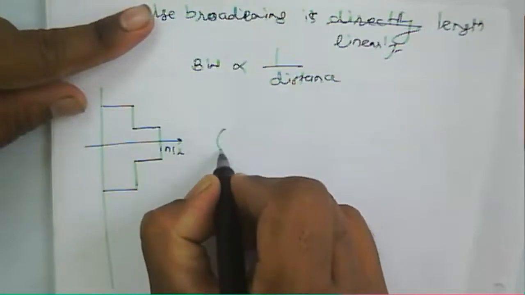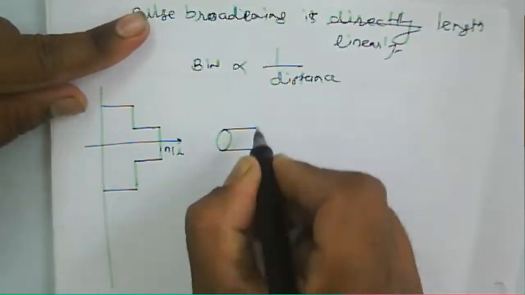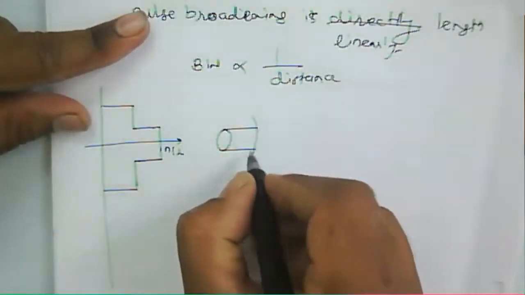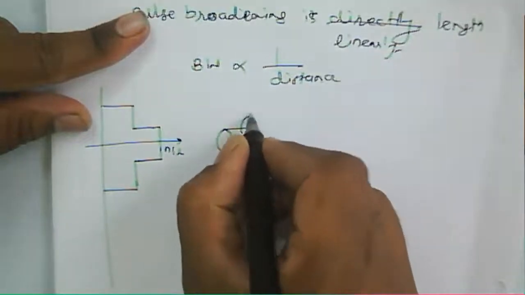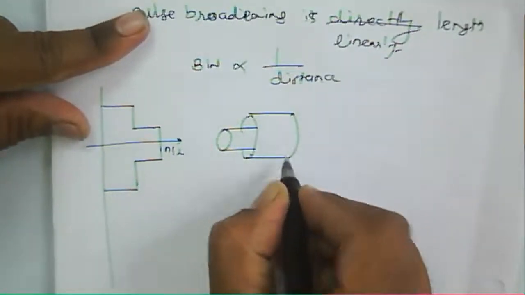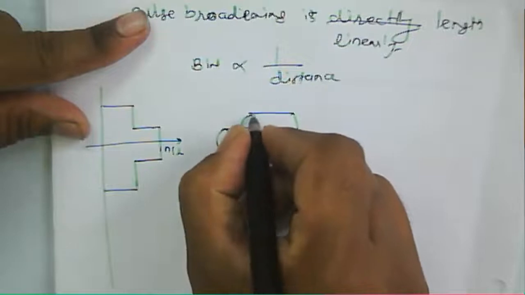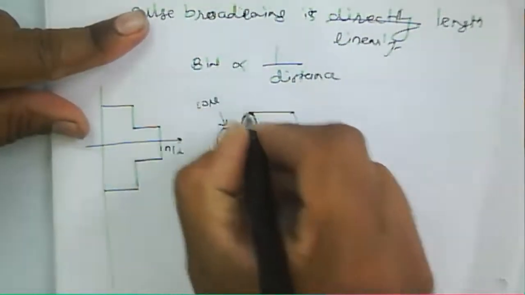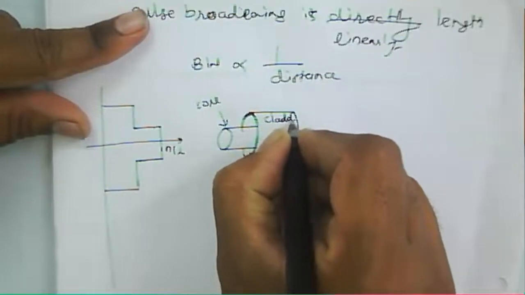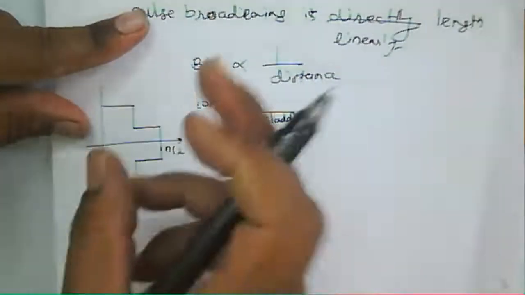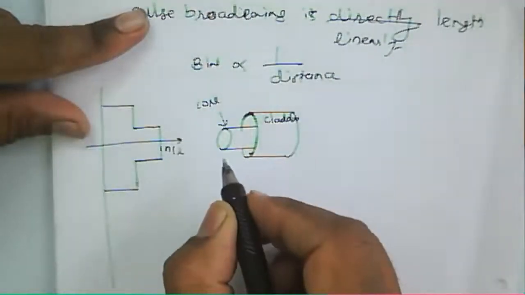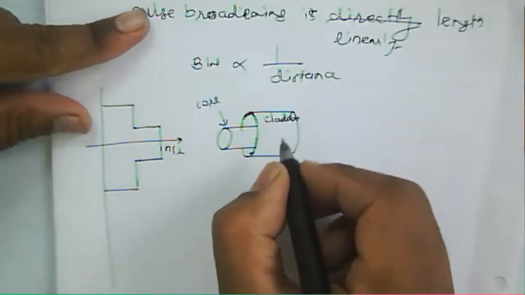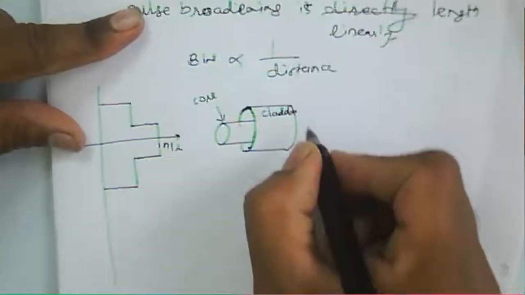This is our fiber: this is the core, and this belongs to the cladding. Above that we can add a coating of the given fiber.